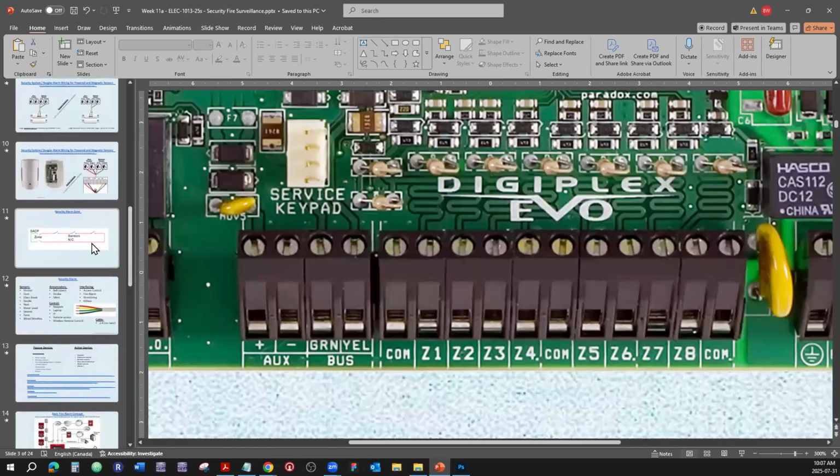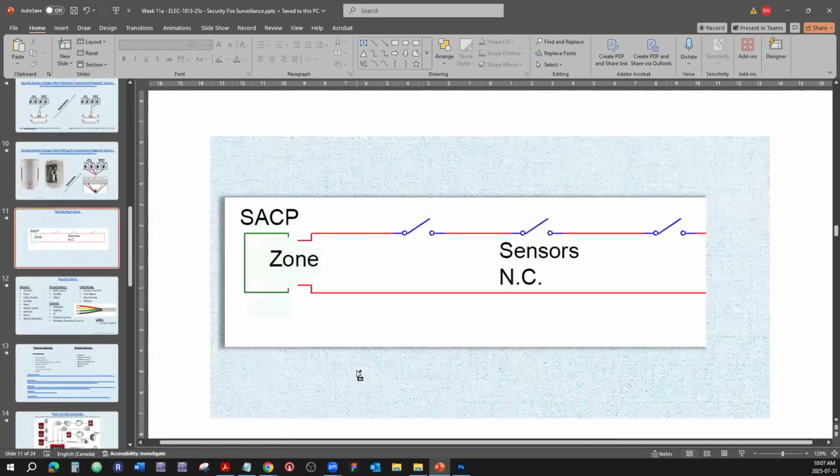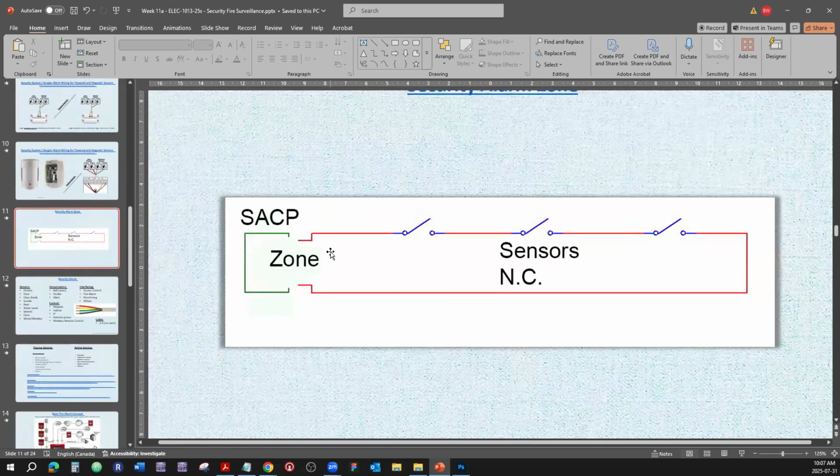And as I said, a typical zone for the security alarm is a closed loop, although sometimes some of the zones can be programmed to accommodate a fire loop, which is going to be wired just like a fire alarm loop, which I'm going to show you in the next couple of slides.